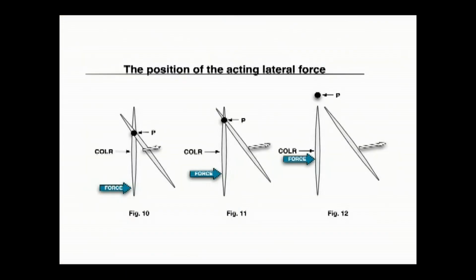The position of the acting lateral force. A lateral force acting away from the center of lateral resistance will, for the same angle of rotation, push the center of lateral resistance relatively less sideways than a force acting closer to the center of lateral resistance.